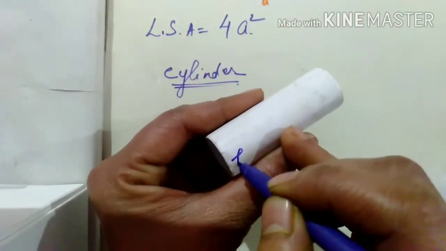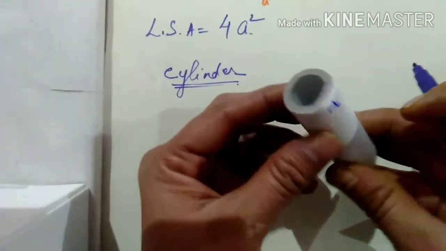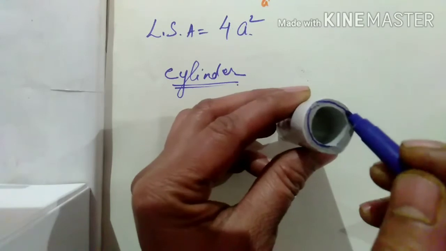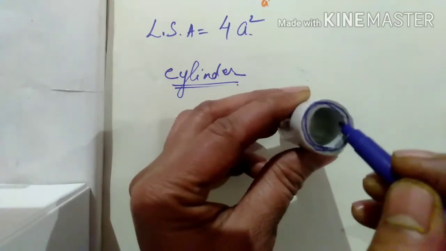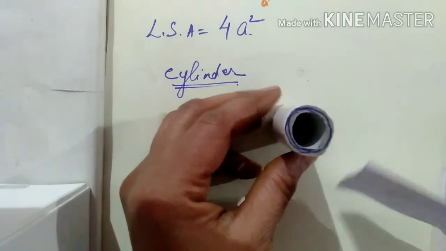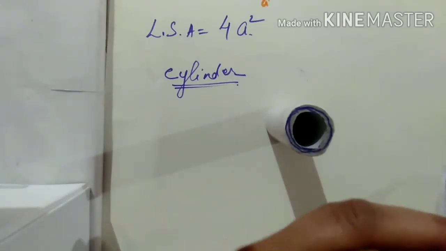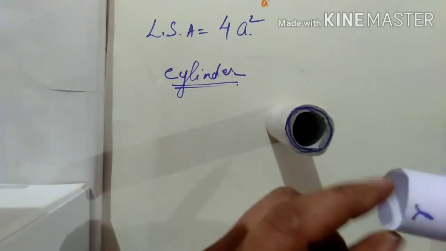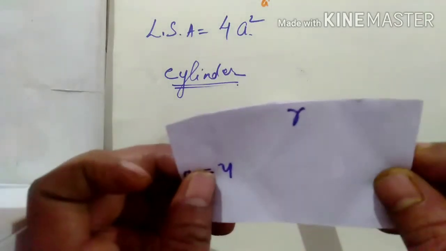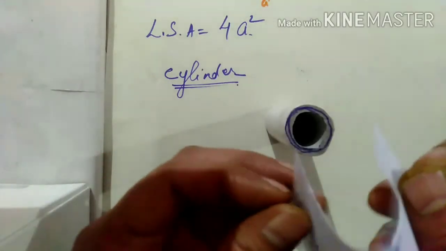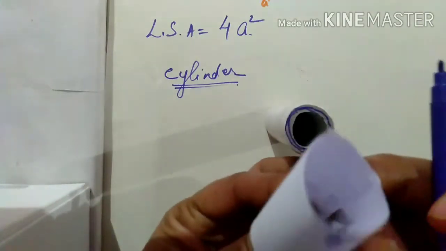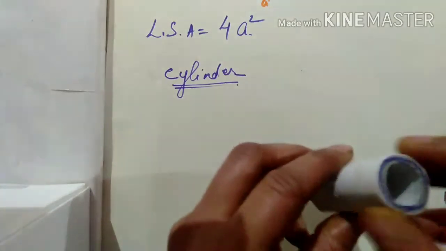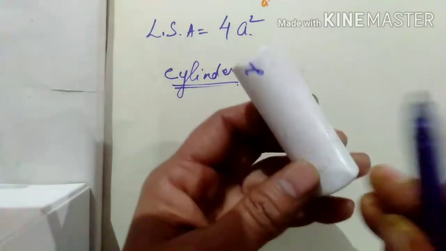This length forms the circular path, and this is the circumference of this circle. The length now becomes the circumference. On folding, this length, which was the length of this rectangular shape, becomes the circumference, and circumference is given by 2 pi r.